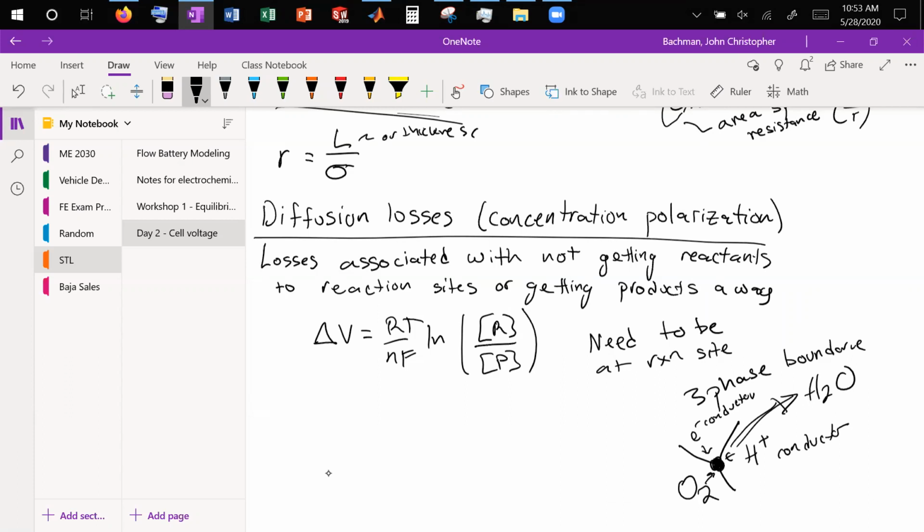But one geometric issue is you can't really make a continuous three-phase boundary. So you need something. This is just space for oxygen. This is your electronic conductor, so this is your GDL or your carbon felt or your catalyst.